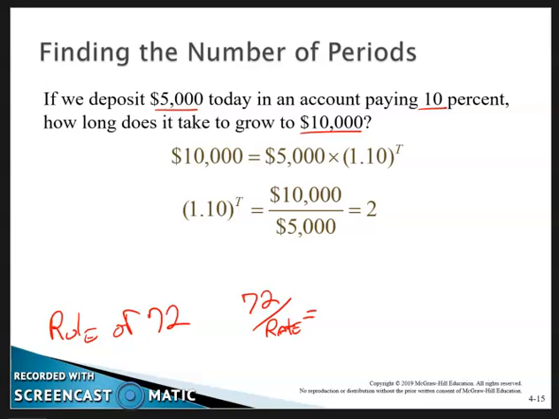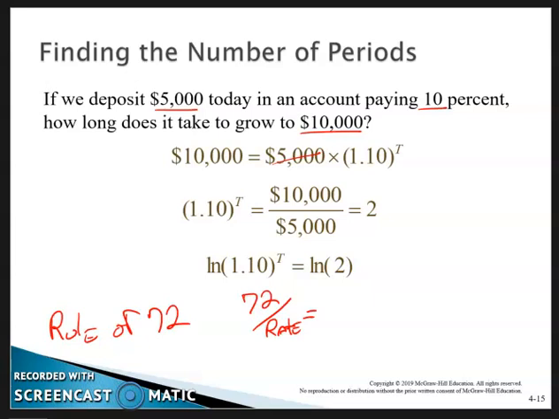So we can divide both sides by 5,000. This cancels out, and 10,000 divided by 5,000 is 2. In order to solve for t, we have to use natural logs. There is a natural log function on your calculator.